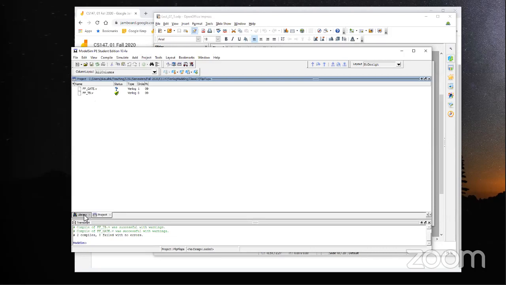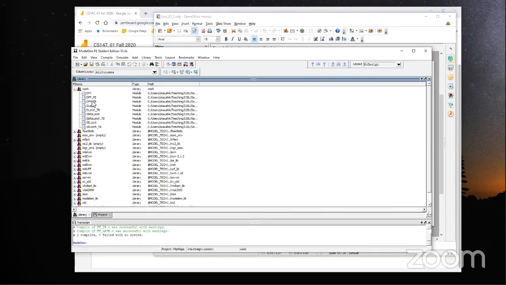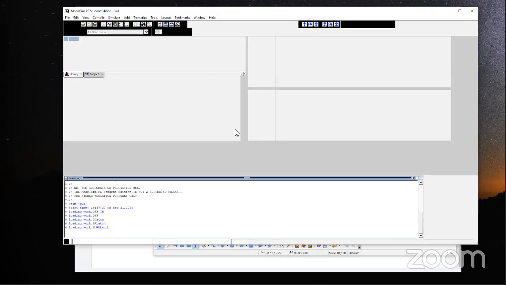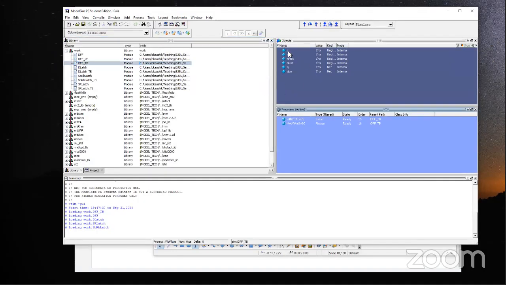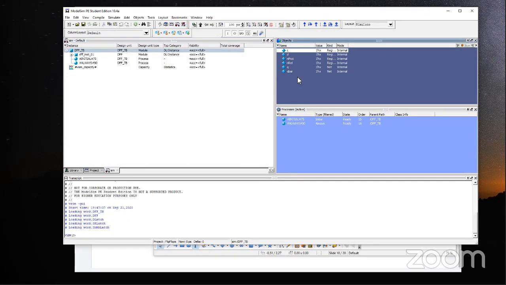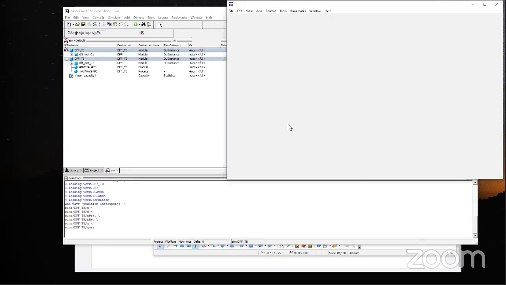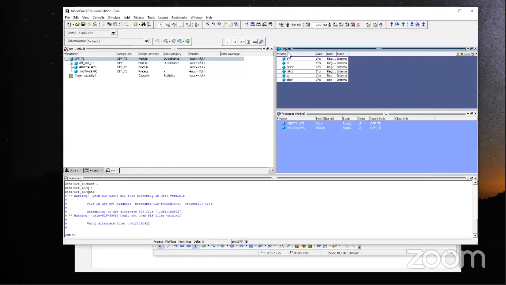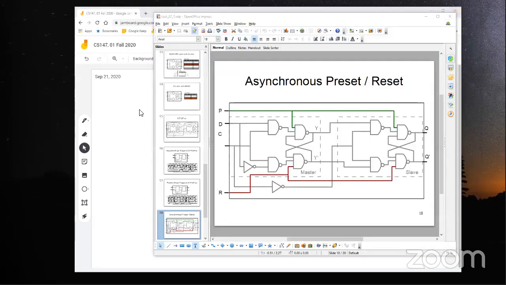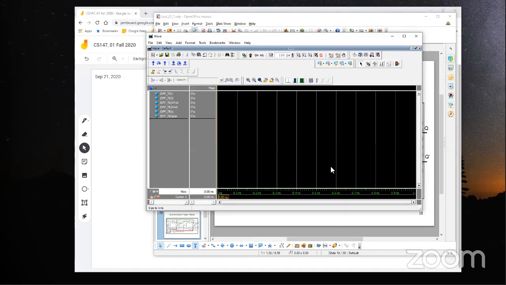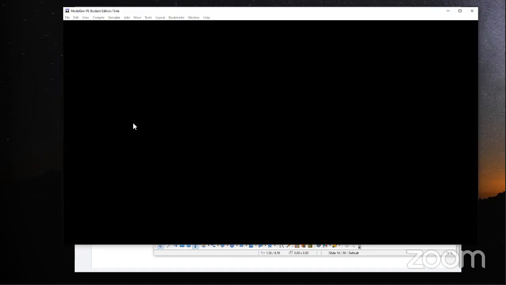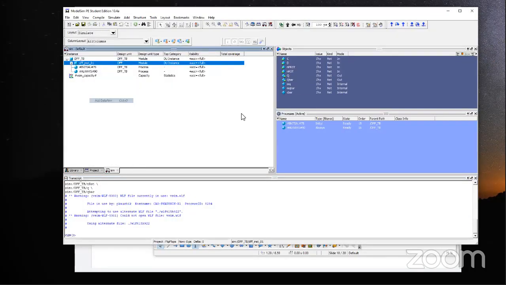Library, work, test bench. Anyway, I will go there and we want to look at the data flow.